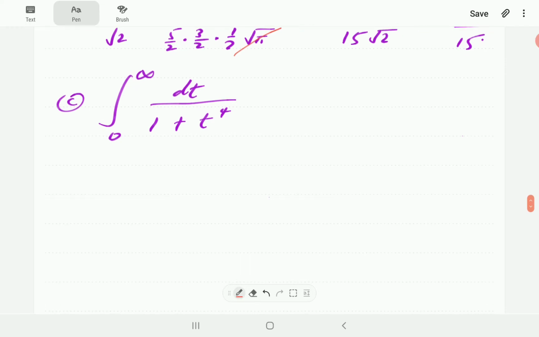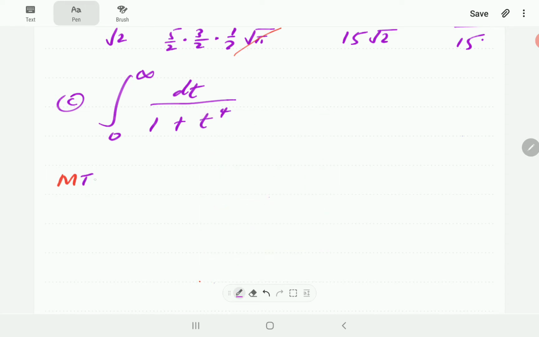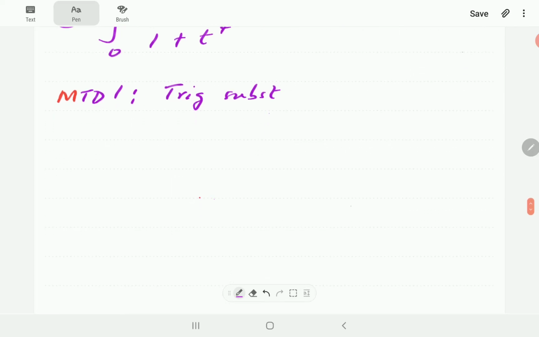All right, so first of all, we're going to use a trigonometric substitution. This is going to be a somewhat clever substitution.